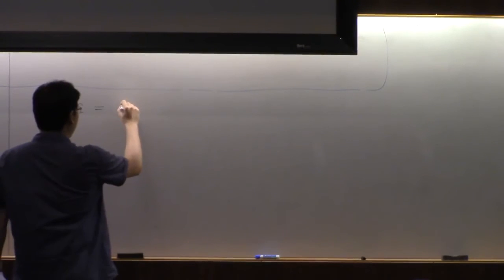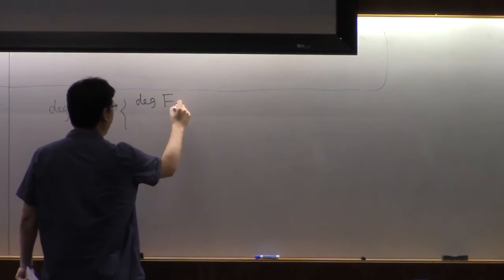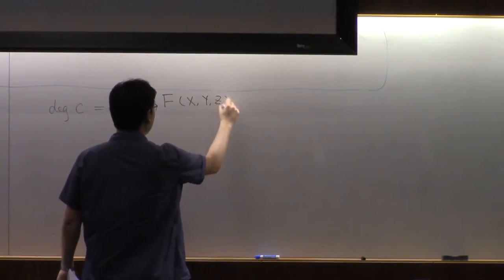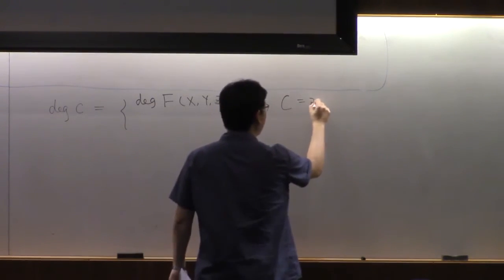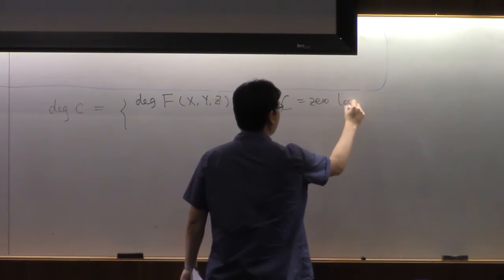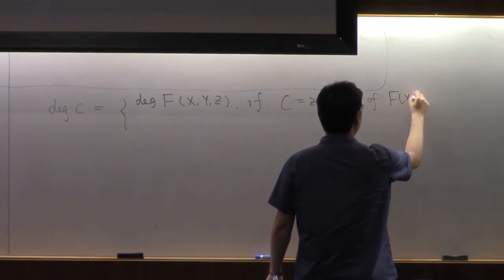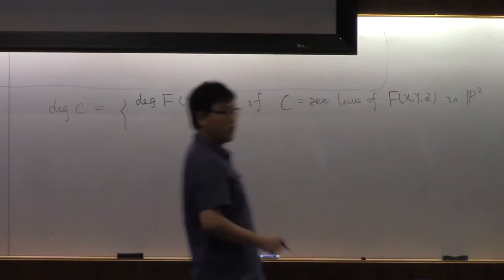So I will give a definition of the degree of the curve C. I can define the degree of the curve C to be the degree of a polynomial of three variables, if the C is the zero locus of this homogeneous polynomial in P2, in the projective plane.